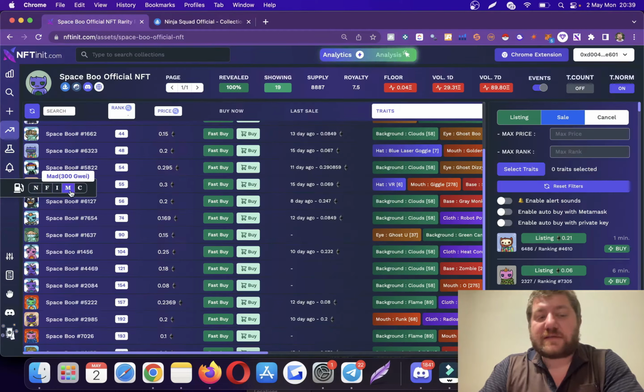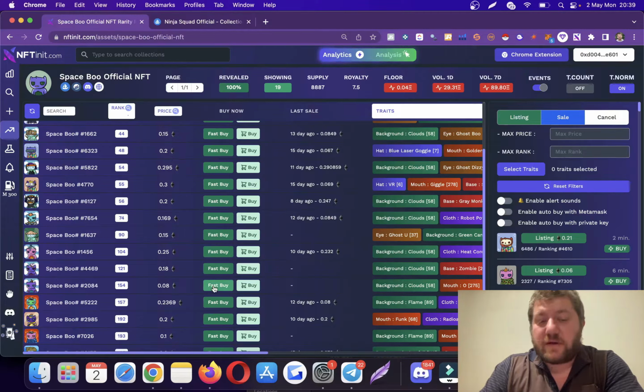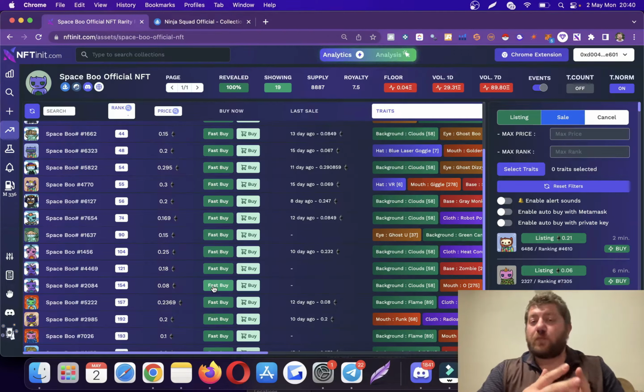But if you have one of these preset custom values, or your own custom value here, and you press the fast buy button, the system is going to make the purchase with your preset value. So you will be more likely to buy it compared to someone who is using the default gas. This is how the gas works.